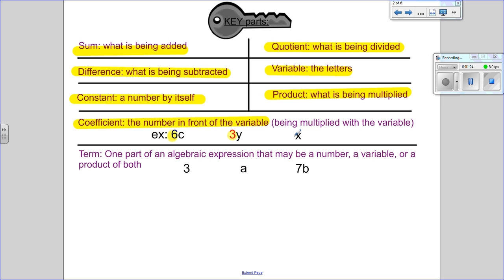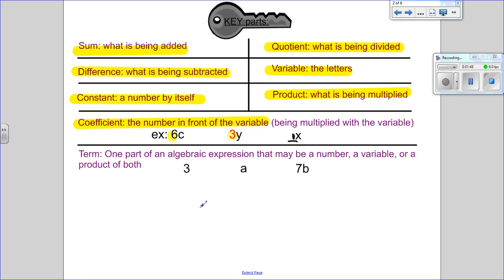When x is by itself, it's an invisible 1. It can't be anything else. It couldn't be 0 because 0 times anything is 0. So it has to be 1. So in front of the x by itself, or any variable by itself, is an implied or sneaky 1 that implies that the coefficient is 1.